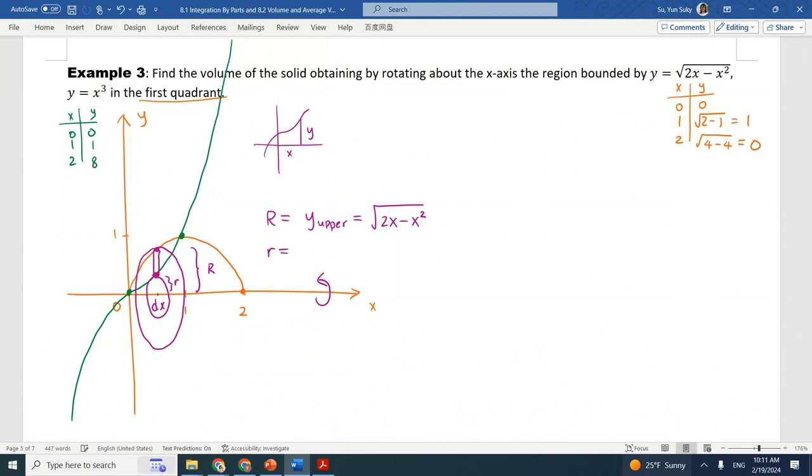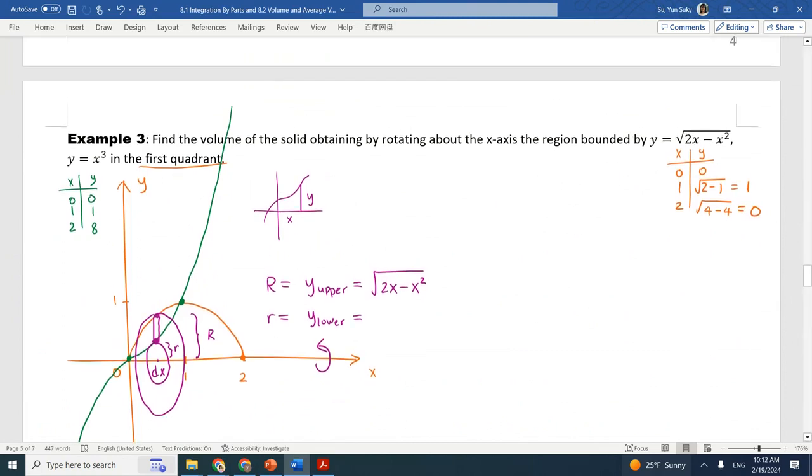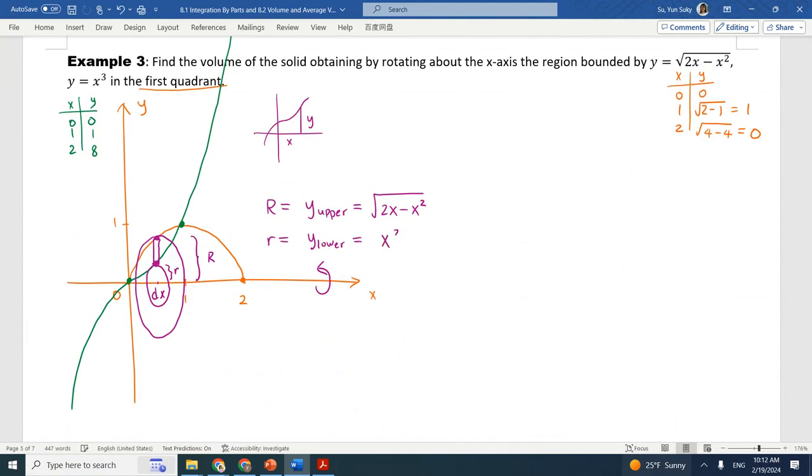And then the small r is the lower curve. What is the lower curve? Yes, x to the third. Exactly. Good. So now the volume is the sum of pi times big R squared minus small r squared dx.